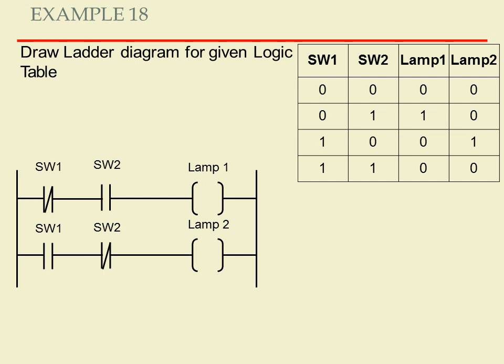When the inputs are 1 and 0, output is 1. And when the inputs are 1 1, output is 0. For this purpose, consider the second rung where switch 1 is an open contact, switch 2 is a closed contact and the output device is the lamp. So this will satisfy the second operation.